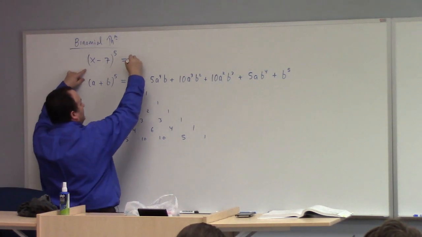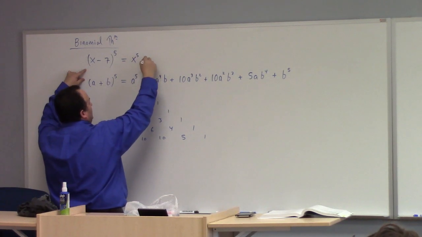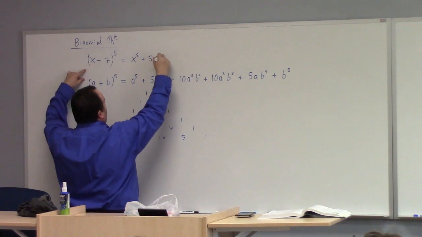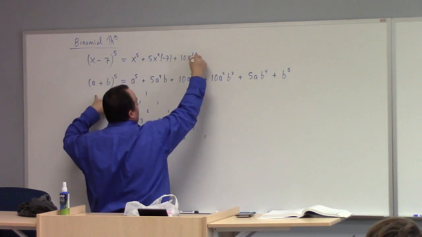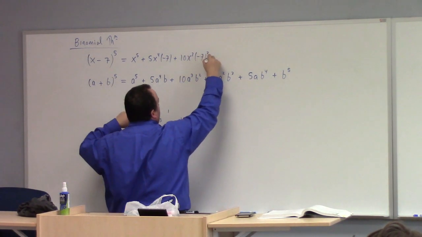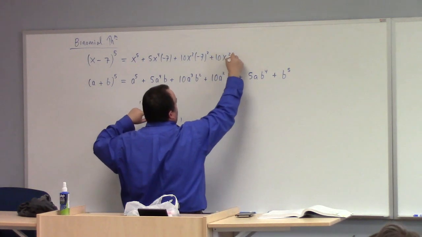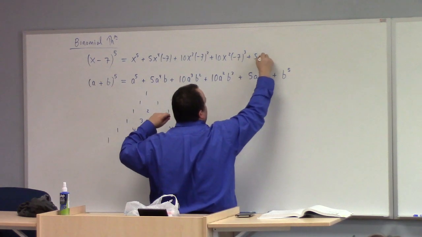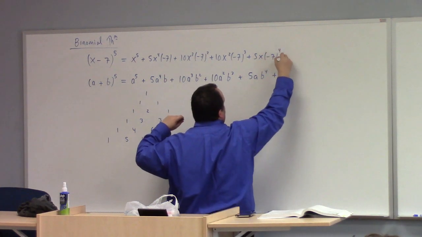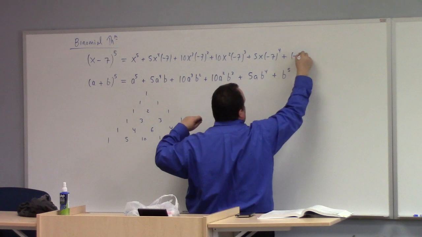I'd have x to the 5th plus 5, x to the 4th times minus 7, plus 10 x cubed times minus 7 squared, plus 10 x squared times minus 7 cubed, plus 5x times minus 7 to the 4th power, plus minus 7 to the 5th power.